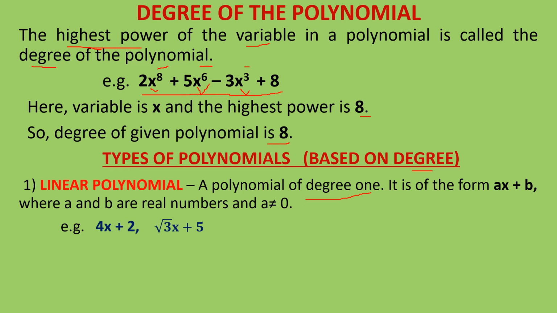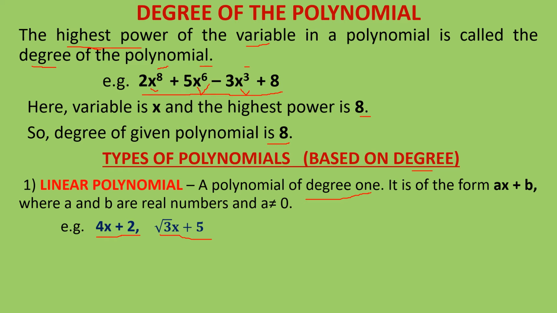For example, 4x plus 2. Now if you see here, variable is x and the power of the variable is 1. Only one variable here and power is 1. That means the highest power is 1. So degree is also 1. So it is a linear polynomial. In the second case, root 3x plus 5. Here also variable is x and the power of the variable is 1.